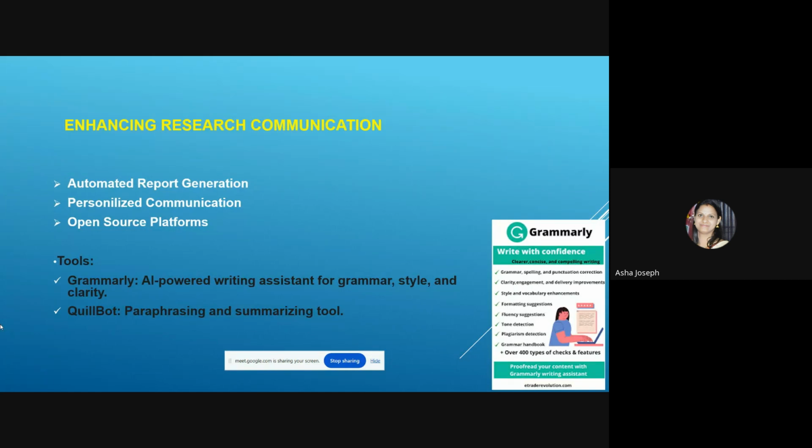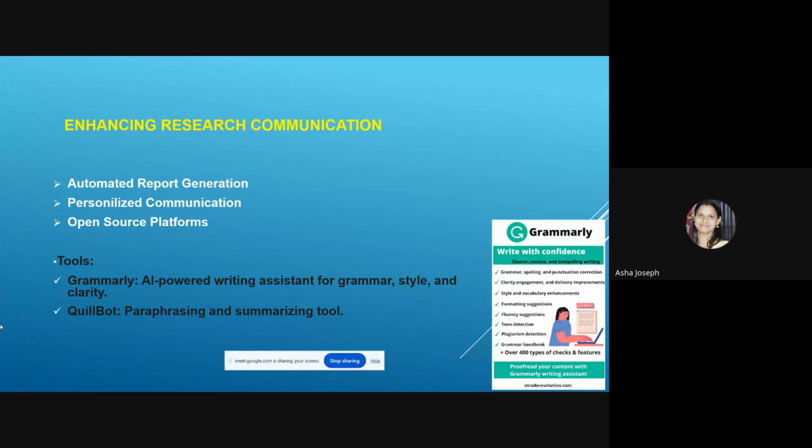You may have to communicate your findings, right? So for that also we have different tools. One of the tools is used for automated report generation. AI can generate reports and summaries of research findings and outcomes, so that it will save the researcher's time as well as effort.